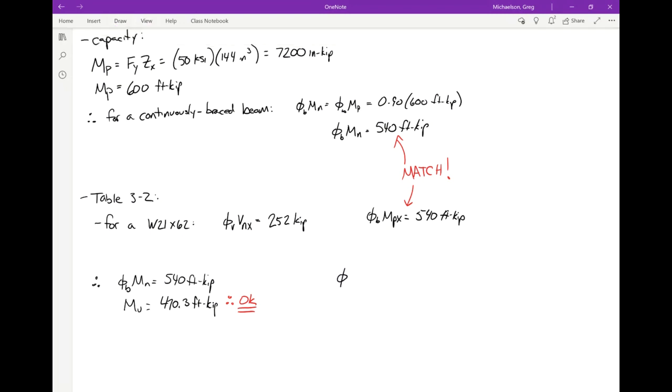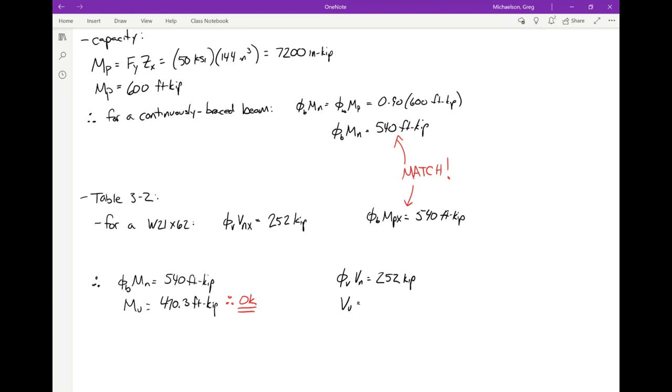Now, what about the shear? The shear, we had a capacity of, what is that, 252? Now, what was the load? Somebody help me out. What was the load?